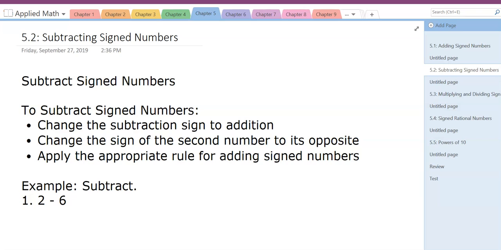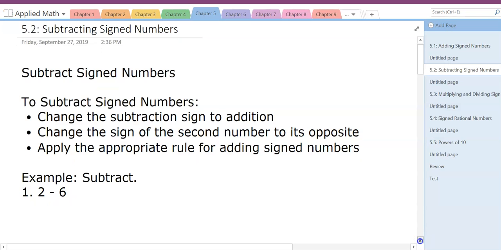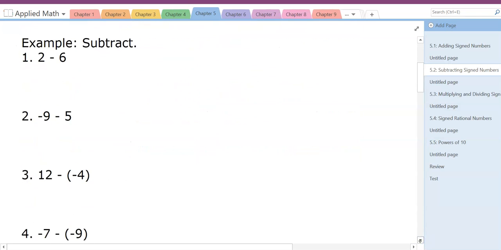You keep the sign of the first number, change the middle, and then change the sign of the second number. So for example, if I see 2 minus 6, you could rewrite that as 2 plus negative 6. You keep 2, change the minus sign to a plus sign, change 6 to a negative 6. Then if you add, like we were doing yesterday, you're going to get negative 4.